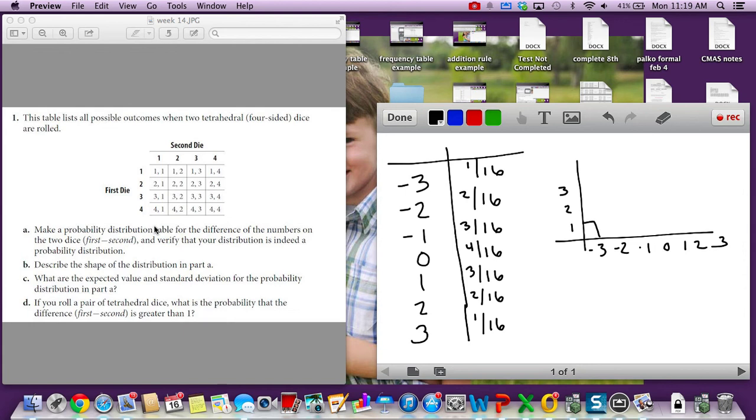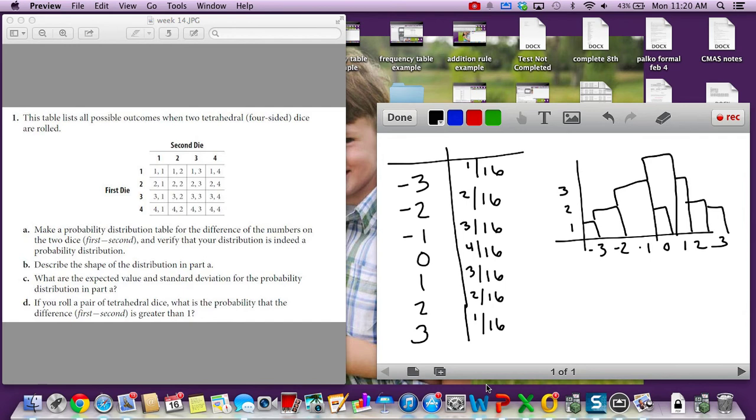There's 1 of these, 2 of these, 3 of these, 4 of these, sorry. 4 of those, 3 of those, 2 of those, and 1 of those. So you'll see that it's centered right around the 0, and then it goes down by 1 on either side of the 0.